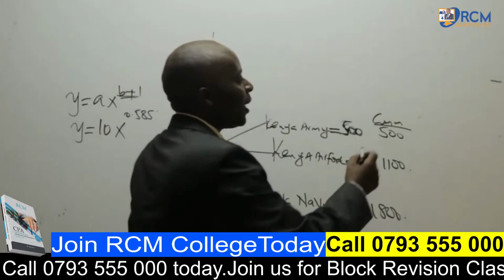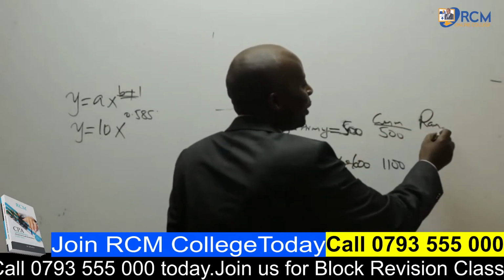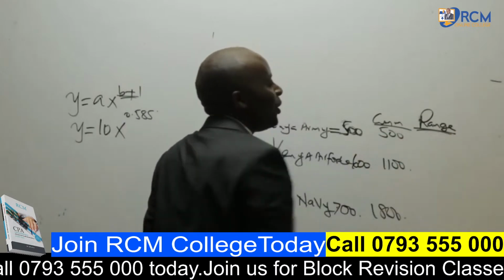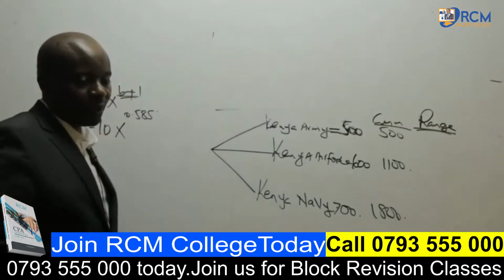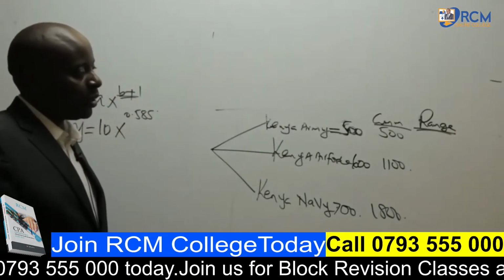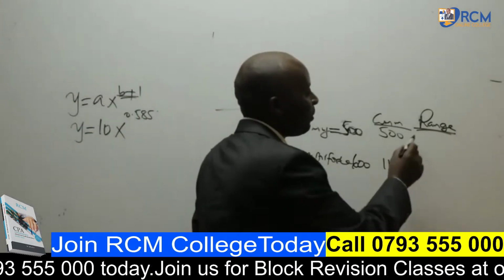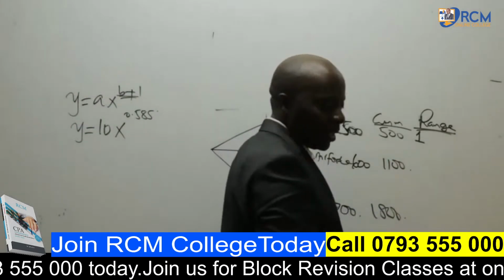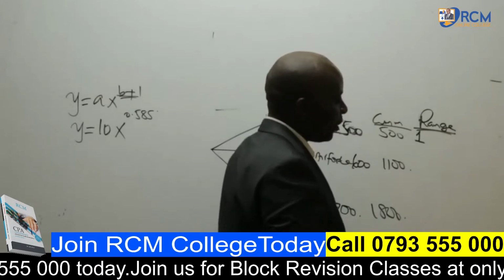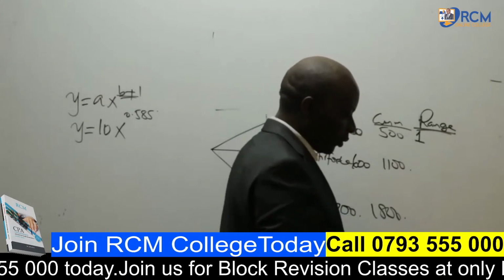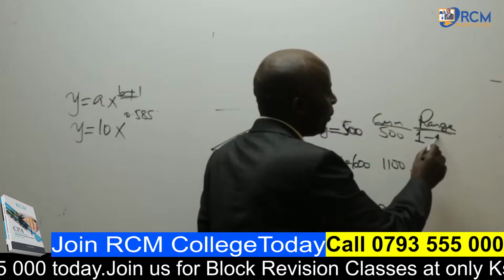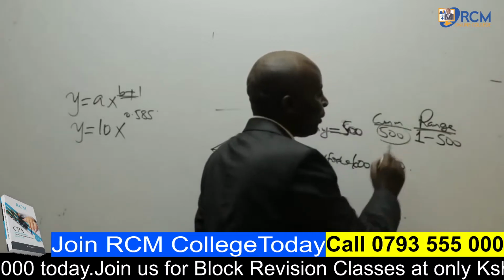Now, here, I'll come and provide what we call the range. Of course, I'll start right away with bullet number 1. When I start producing, I'll start with bullet number 1. I go all the way up to the total cumulative, which is 500.